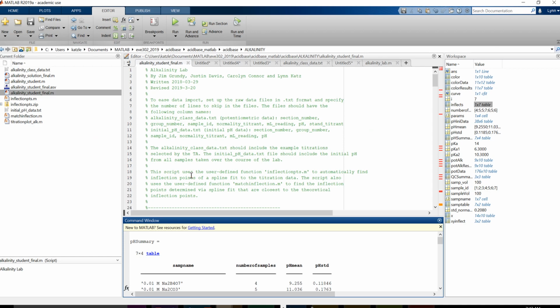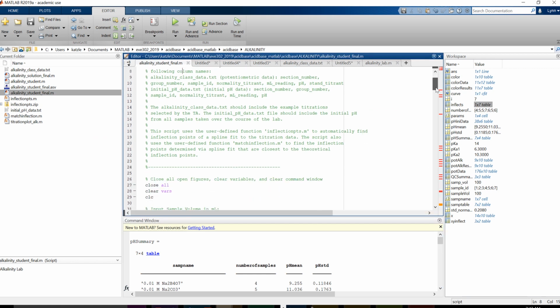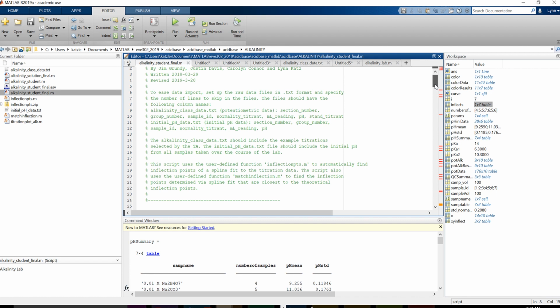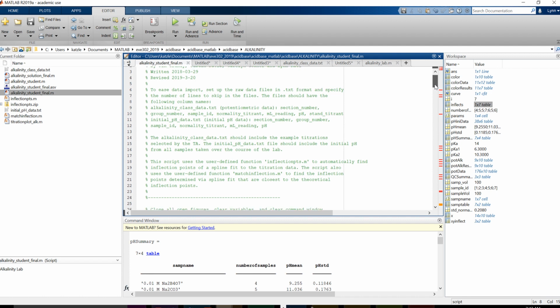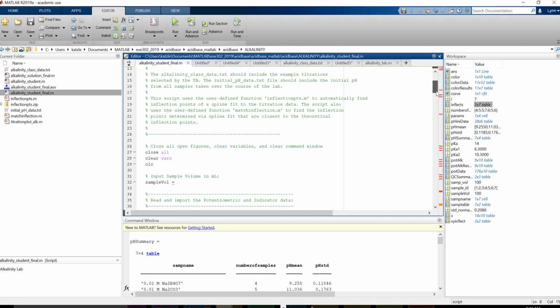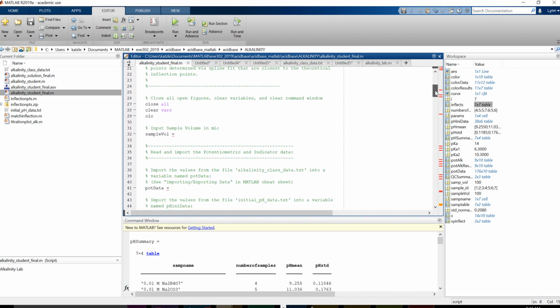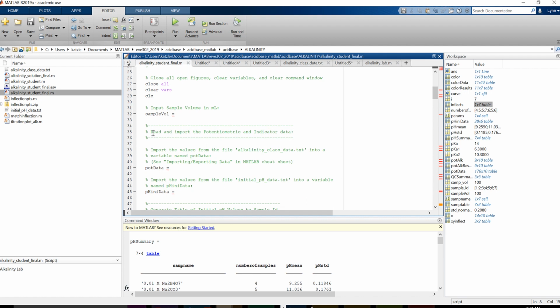Let's take a look at the code to see if we can identify these tasks. So there's a description of the code up front. This is the main code, alkalinity student final. As we scroll down, you'll notice, and this will be summarized for you in another slide, you're going to input the sample volume. Sliding down further, this is the section where we're reading and importing the potentiometric and indicator data.